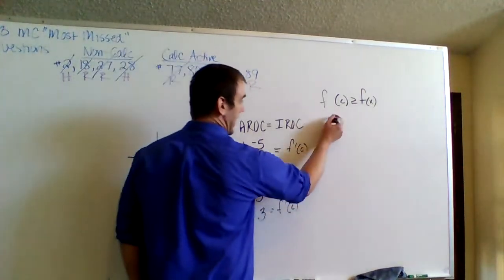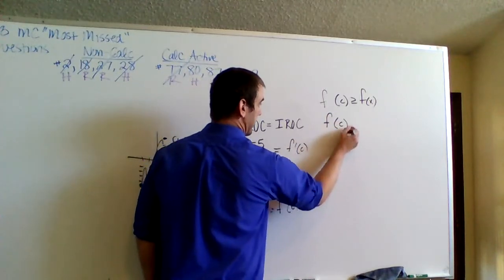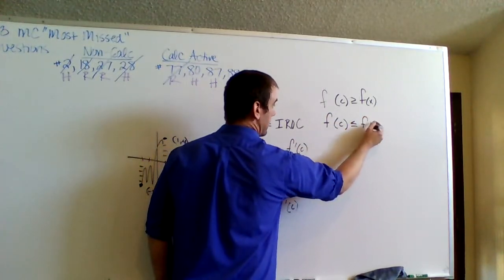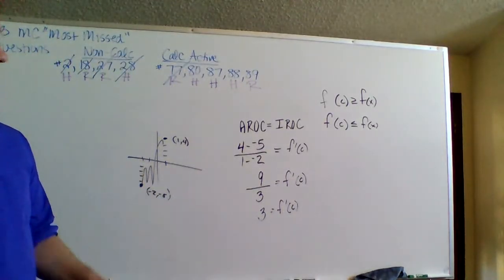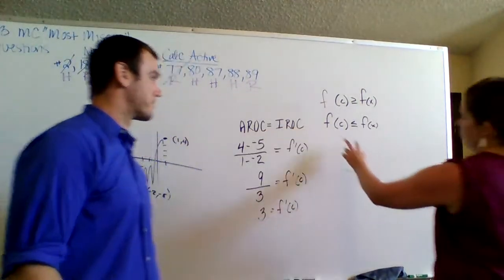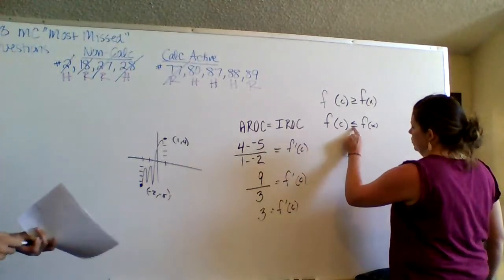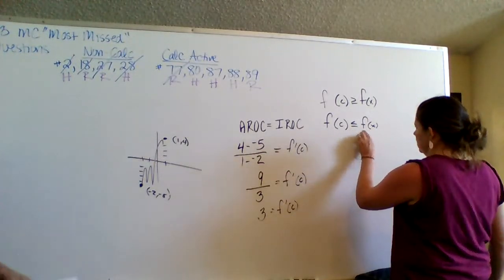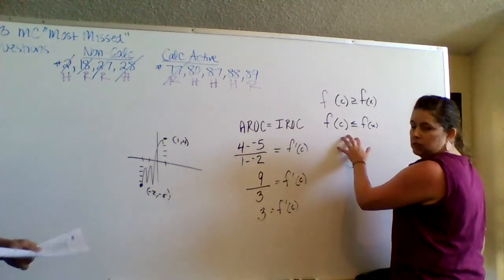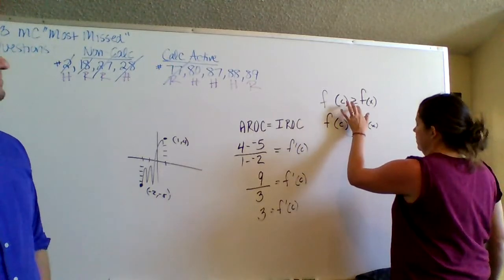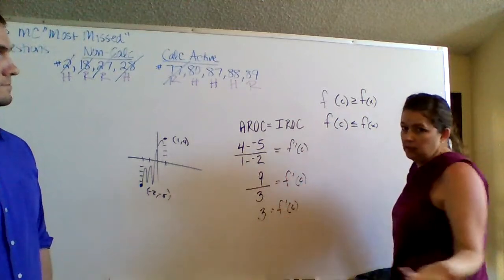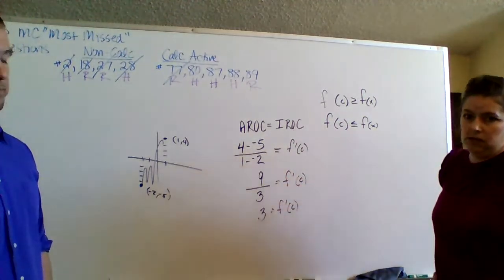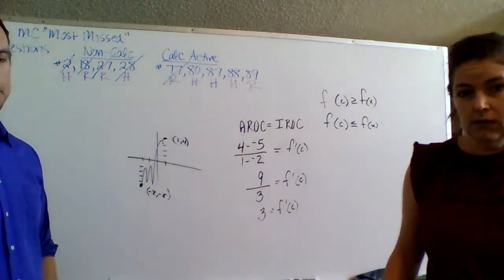If they're saying absolute minimum, it would be f of C is less than or equal to f of x. This notation means there's some output that's smaller or equal to all the outputs, the absolute min. The other one is some output greater than or equal to every other output, the absolute max. And you're already continuous, and that's the only hypothesis for EVT, so that has to be true.